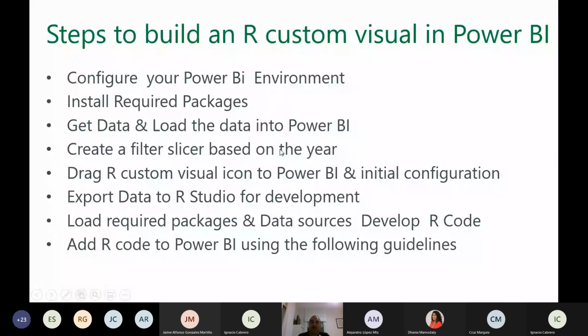Then we drag our custom visual icon to Power BI when we start our initial configuration. We export all this to RStudio and develop our script: we load our required packages and data sources and develop our code. When we finish, we go back to Power BI and add the code we have developed. We should use the following guidelines.